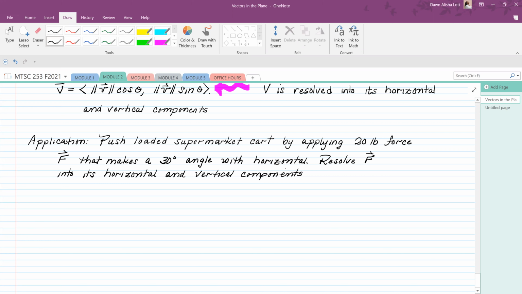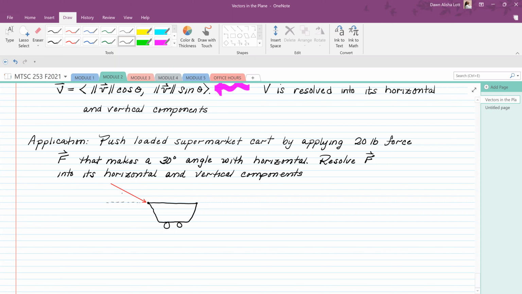Okay, so here's the supermarket cart. And so here's the person pushing it. The force is going down like this, onto the edge of this. And it's making a 30-degree angle with the horizontal.